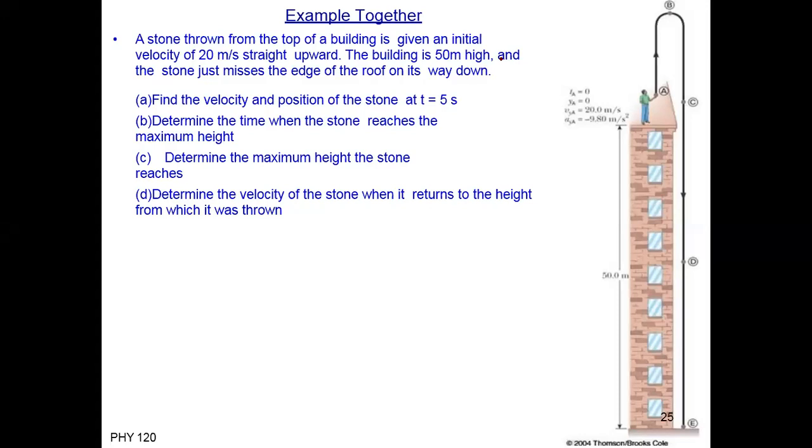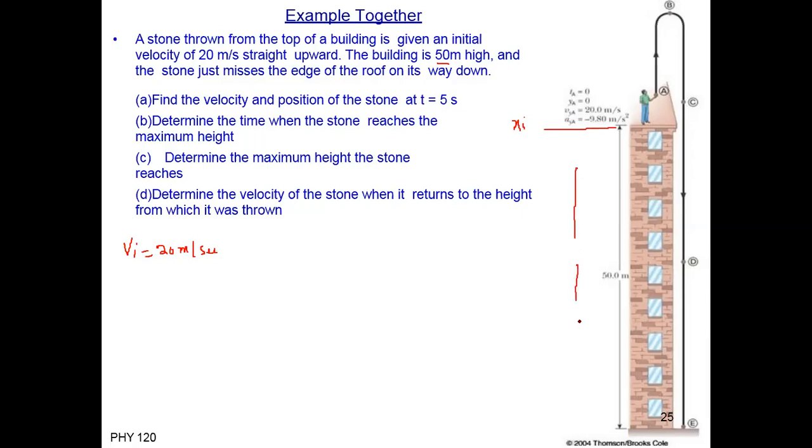But first of all, write down what is given in this question. The initial velocity is equal to 20 meters per second. If you consider this position as your initial position, what will be this position?